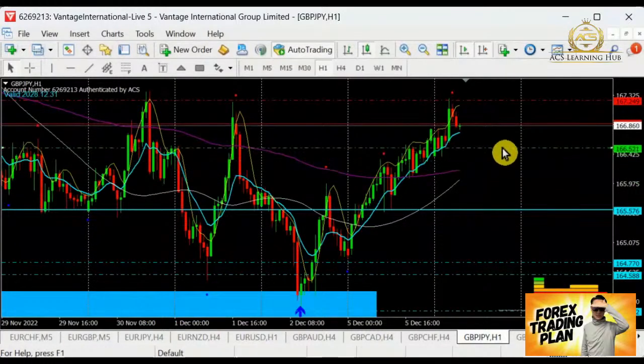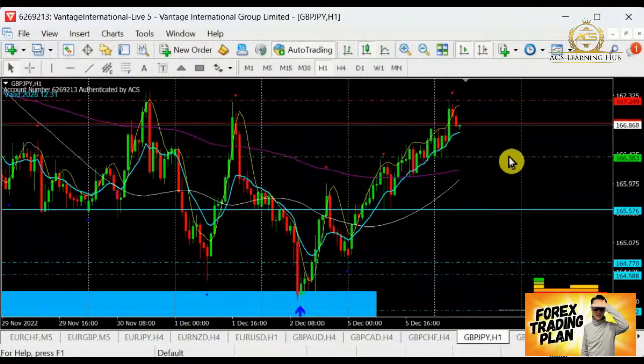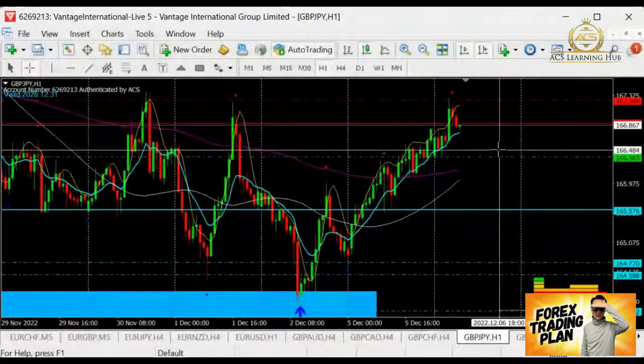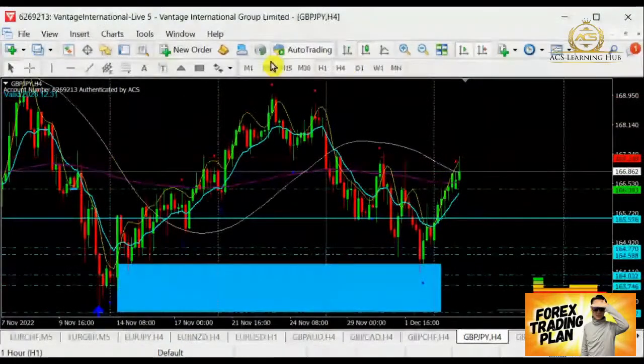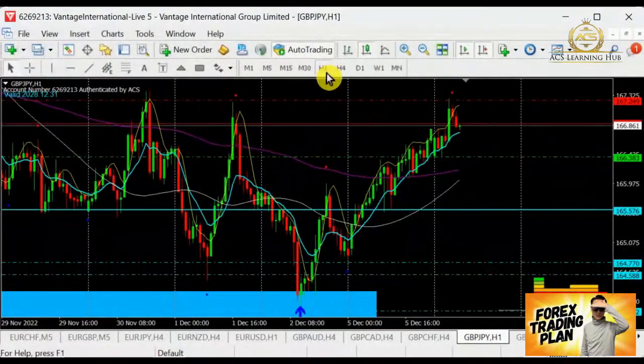Over here, there's one, two. The support over here is about 49 pips away. But will there be a good chance for selling? Then we have to look out for the opportunity later on when the pound market opens.